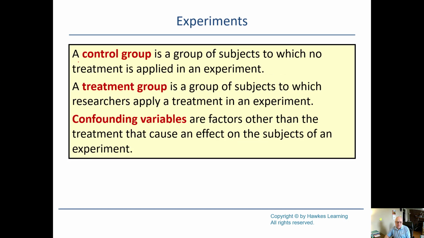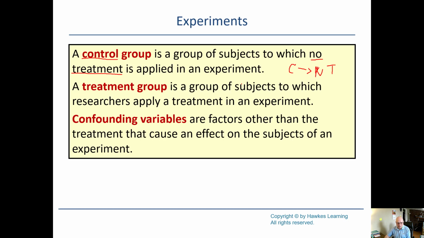So, here are some things you need to remember. The control group is a group that's in the experiment, but no treatment is applied to those subjects. Control, no treatment. Sorry about the letter there.